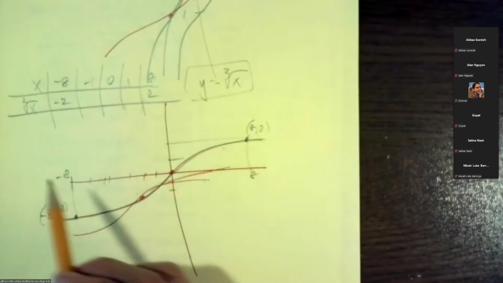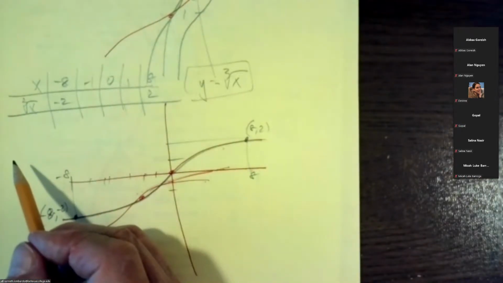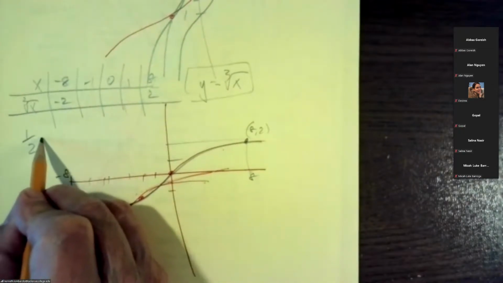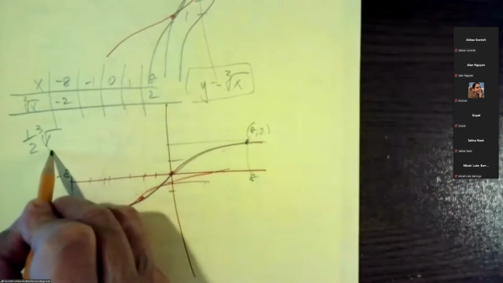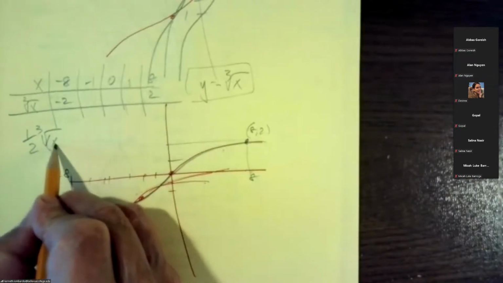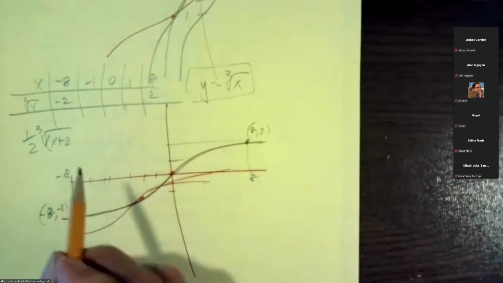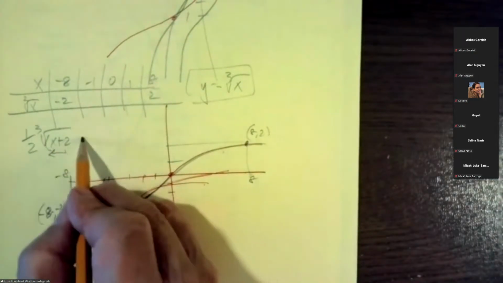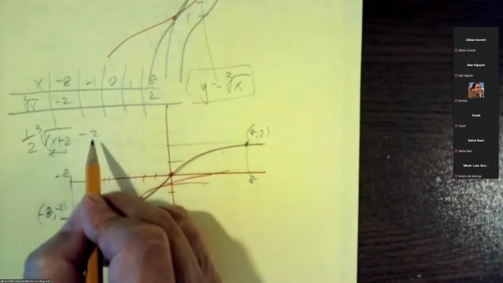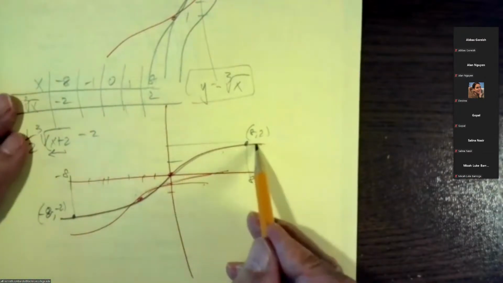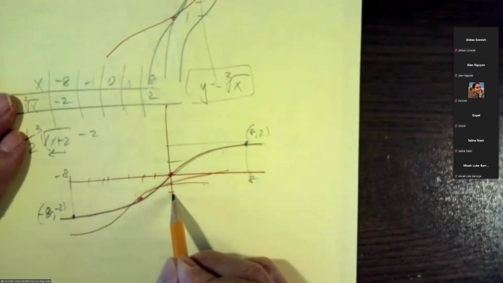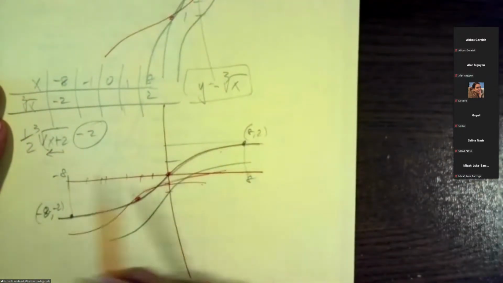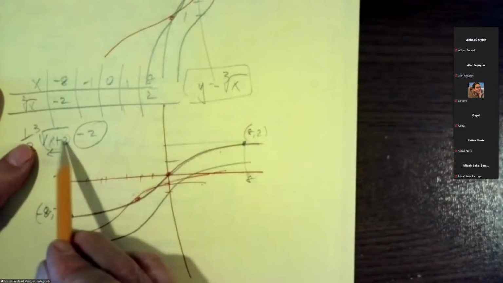So for 113, we're going to make it 1/2 times cube root of x plus 2. So that shifts it to the left, doesn't it? And then negative 2 shifts it down. So we take this curve, shift it down. So it comes down to here.